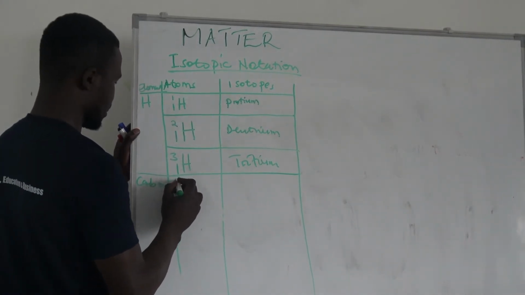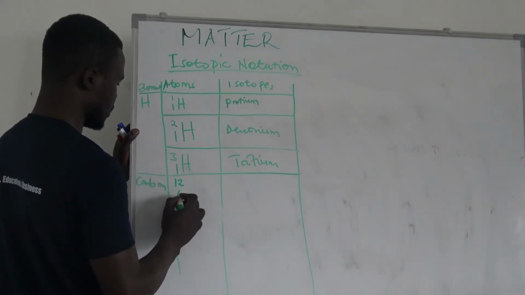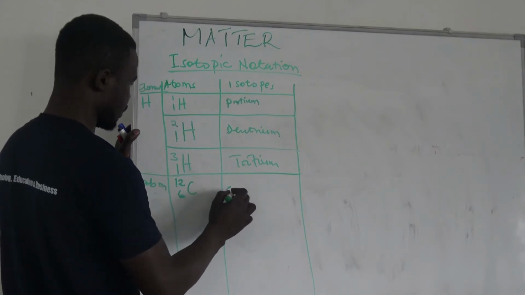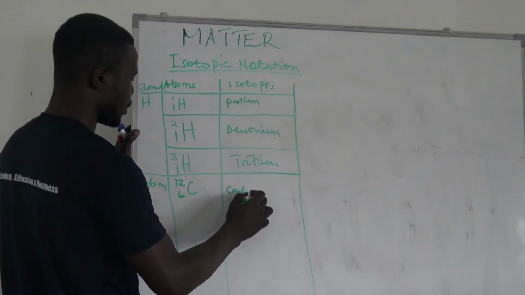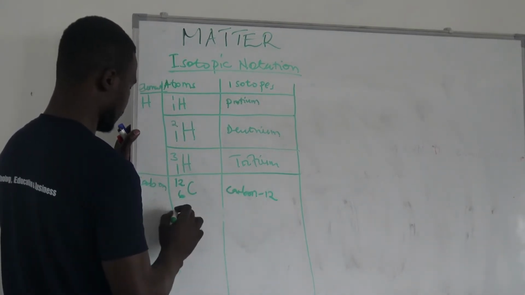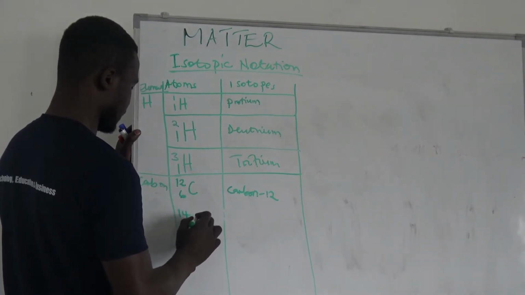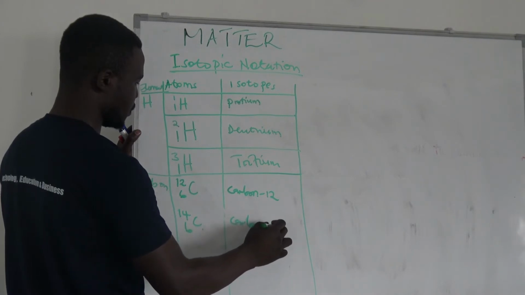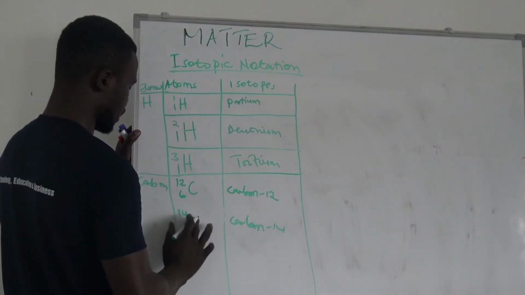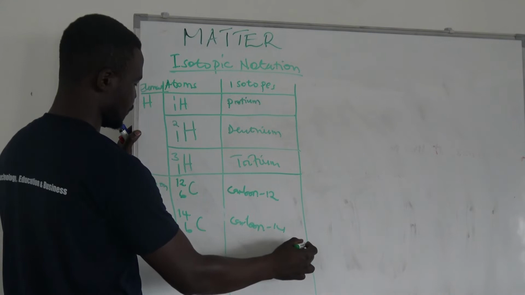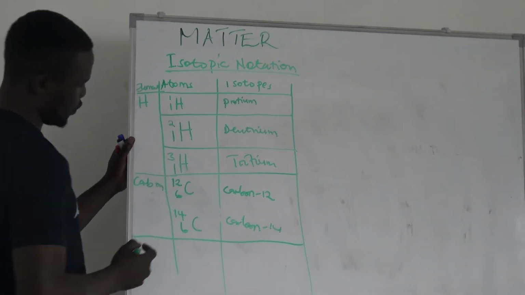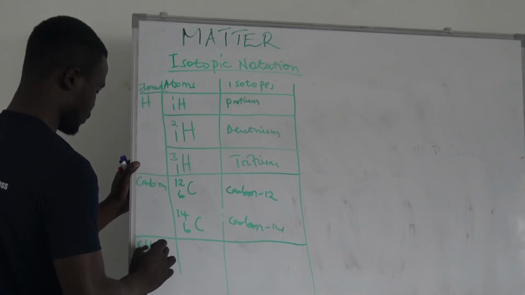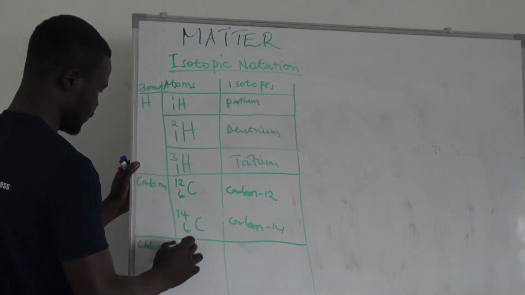We look at another element, carbon. Carbon has various isotopes. We have carbon-12 and carbon-14. Look at another element that exhibits isotopy. We look at chlorine.